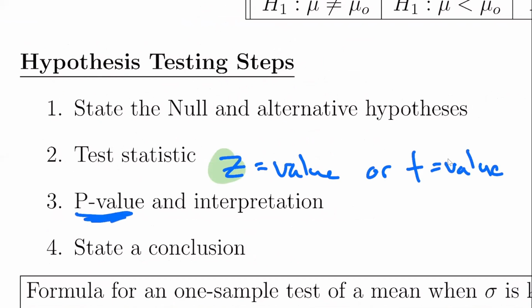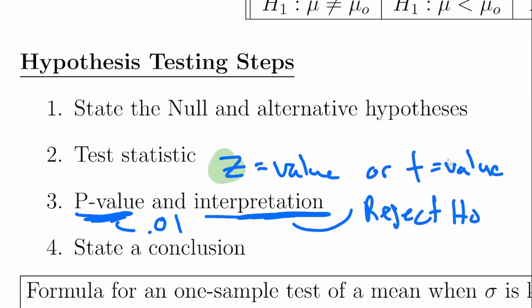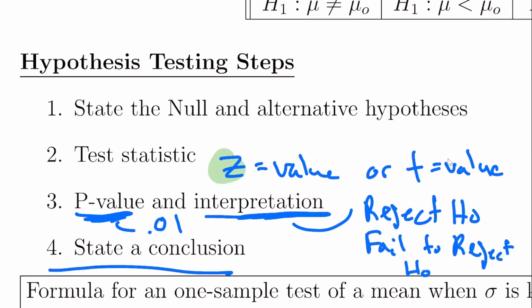You're also going to have the p-value. You just have to state whatever the p-value is, say 0.01. Interpretation is you just saying reject H0 or fail to reject H0, and then you choose a conclusion.